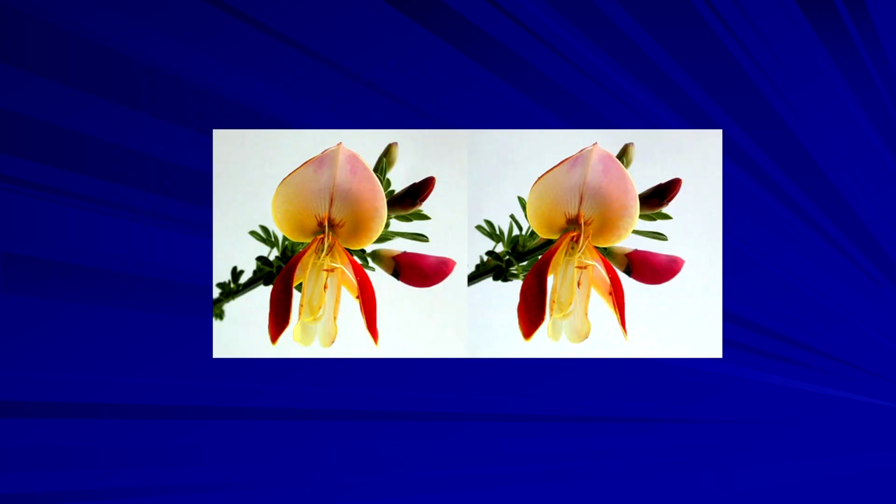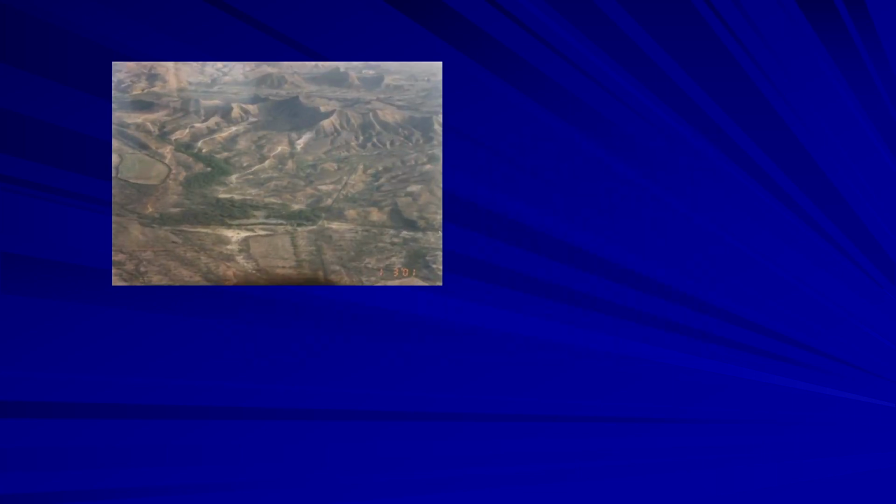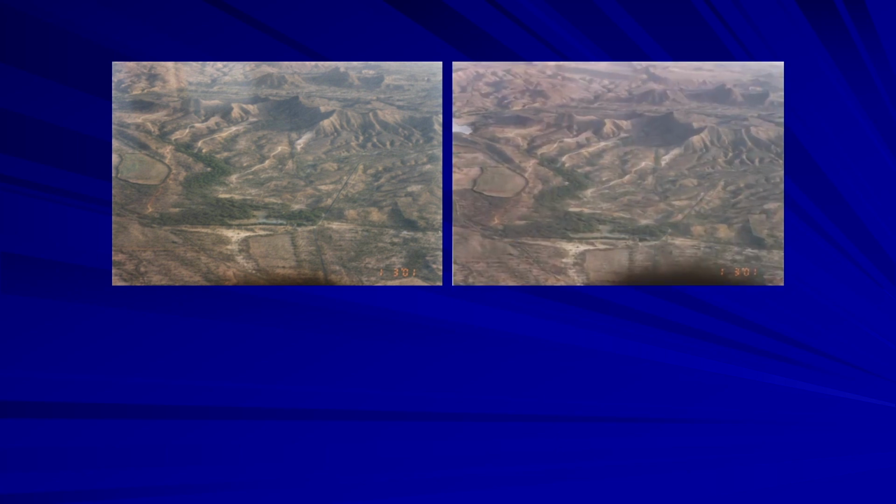But at least you need 2 photographs of the same object taken at different angles. For example, this is the terrain, a low oblique aerial photograph, and this is again the same, capturing the same area.